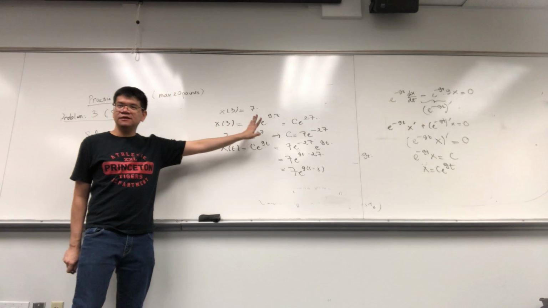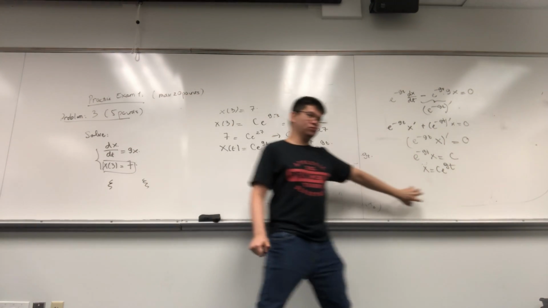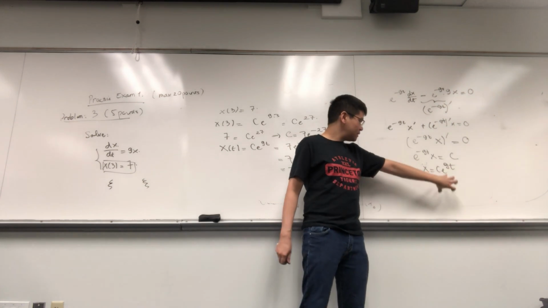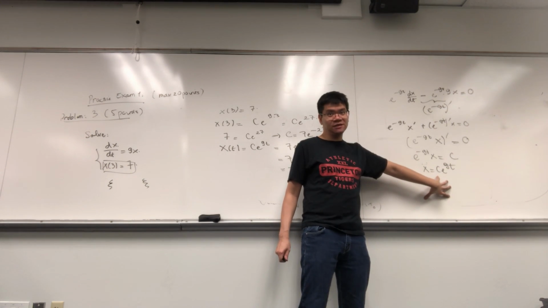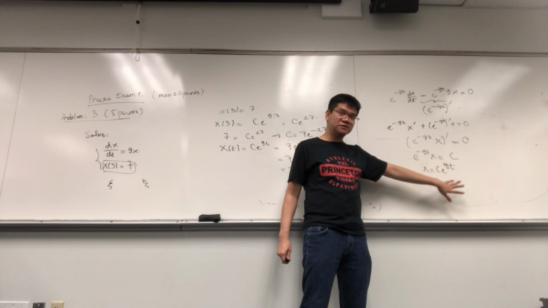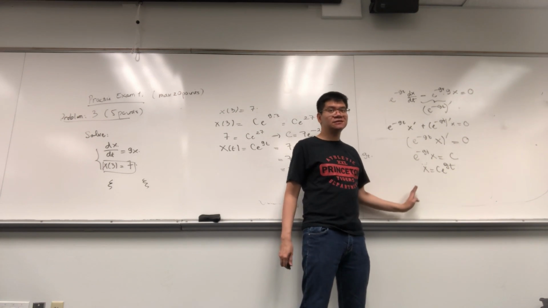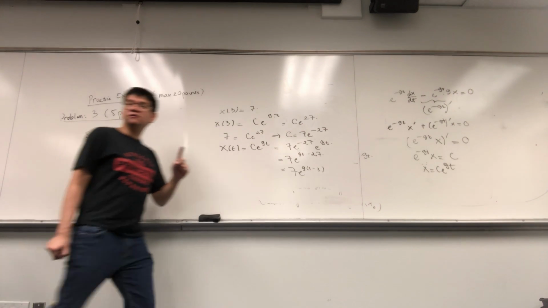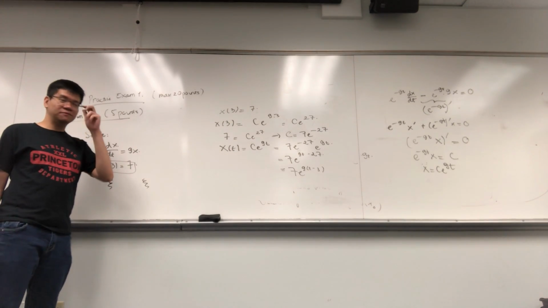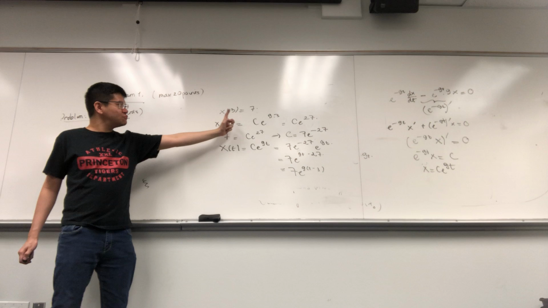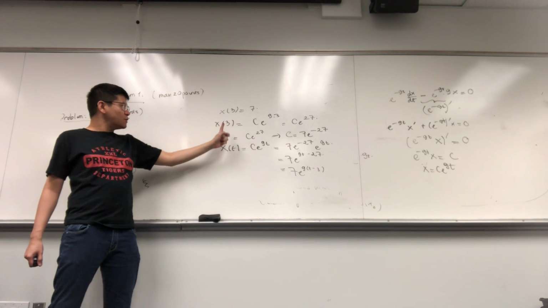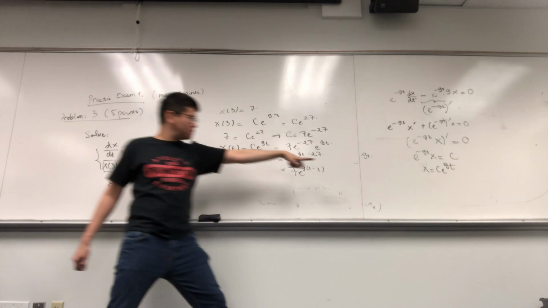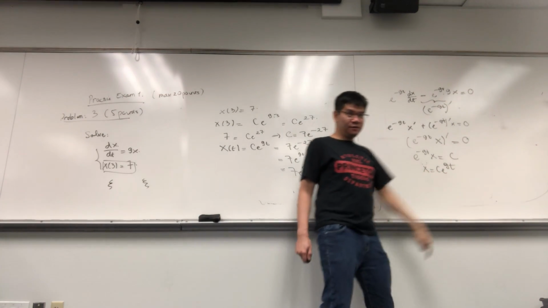I explain again. This is the general solution, and here you have several values of c, right? So you can choose whatever c you want, and this is an infinite number of solutions. With the initial condition, you're going to have a unique solution. x(3) is 7, so x(3) is c e to the 9t. I'm going to replace t to be 3 here.